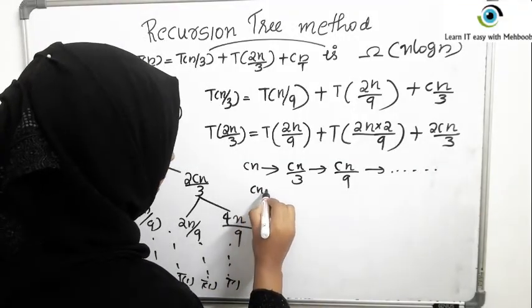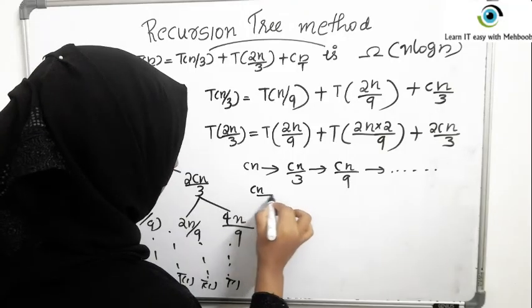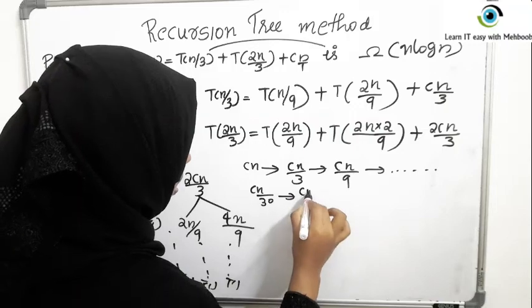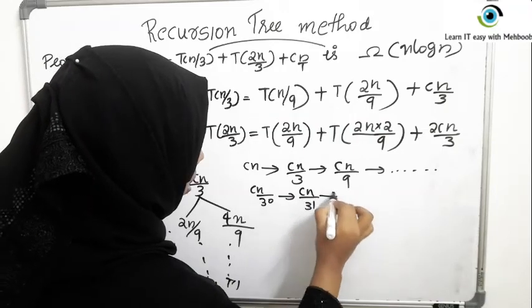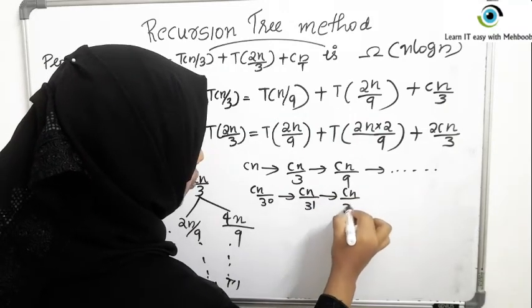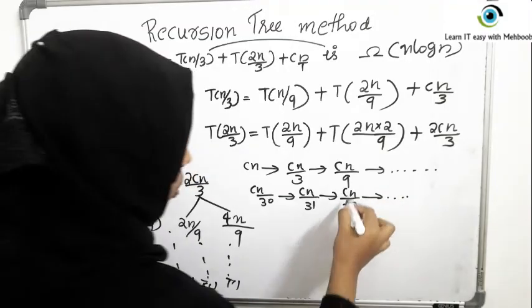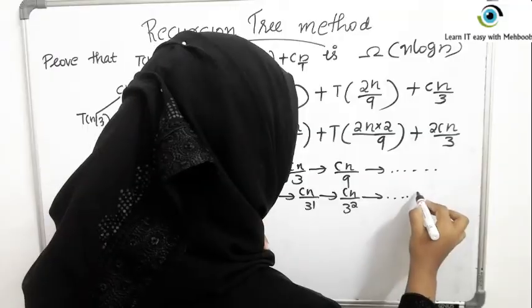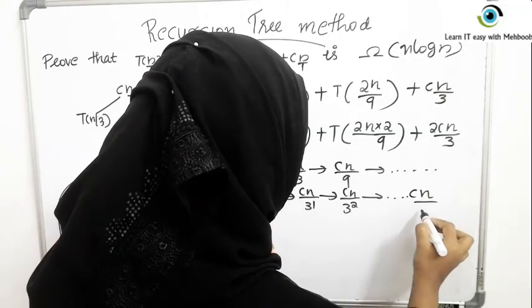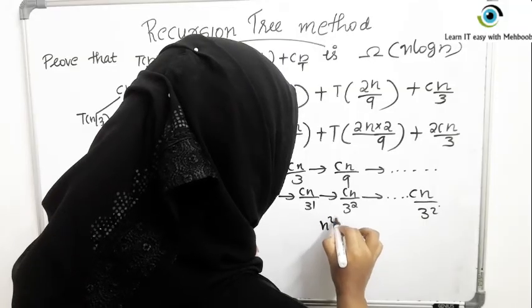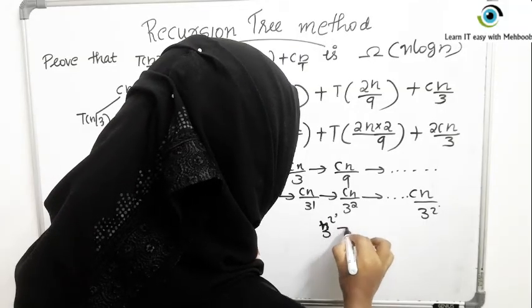So taking Cn outside, Cn by 3 raised to 0, Cn by 3 raised to 1, Cn by 3 raised to 2, and it goes on, and at some point to get T of 1, it will be Cn by 3 raised to I, and that 3 raised to I will be equal to n.